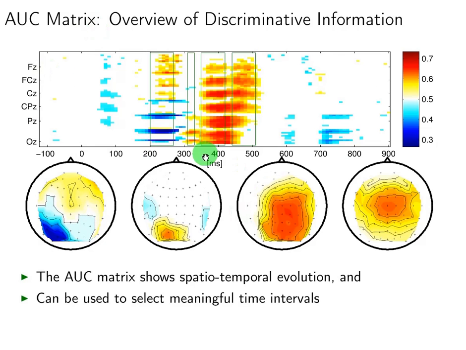We see a strong difference around 300 and 500 milliseconds between target and non-target related ERPs. Knowing these features will increase the classification performance of our BCI system. We also call this time and spatial distribution the spatial-temporal evolution or distribution of the ERP.